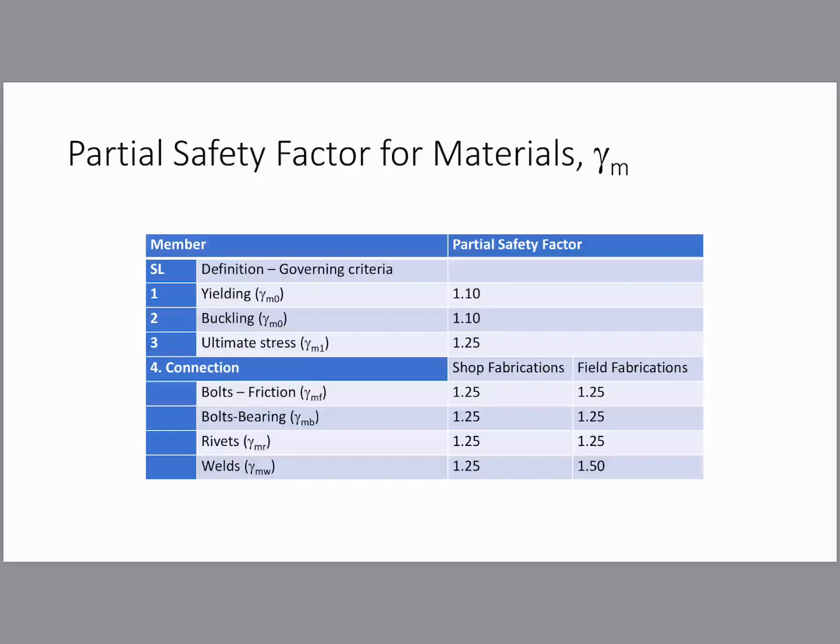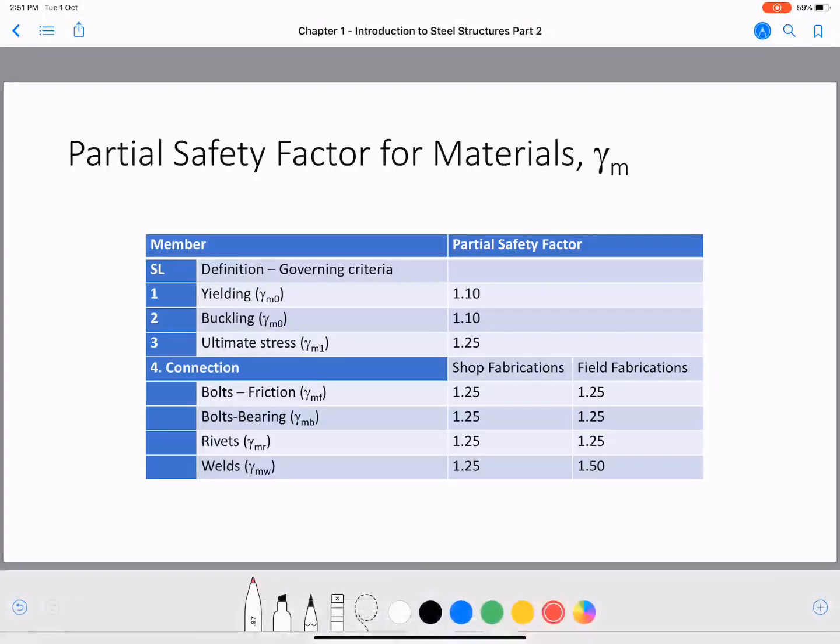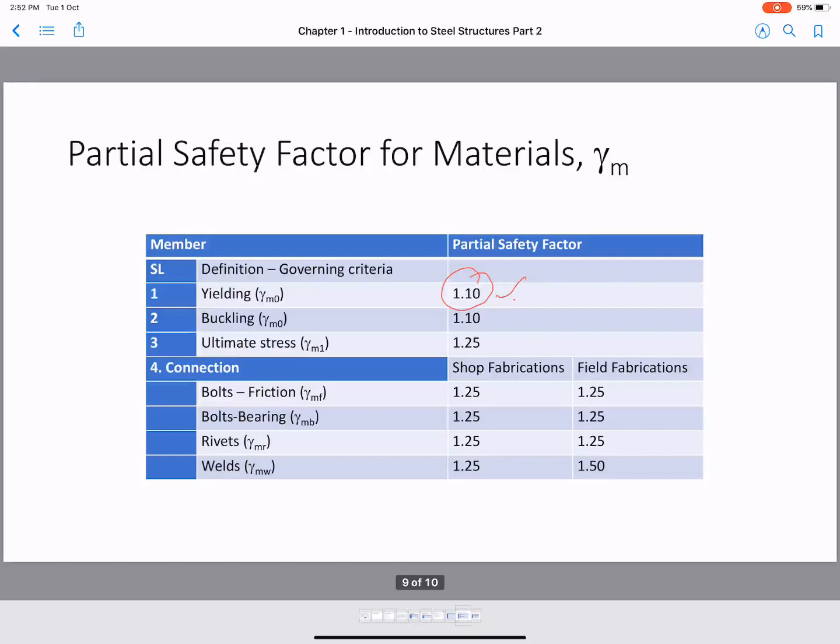So we divide the yield stress by a particular safety factor, for example 1.10. Even when the material is not reaching the yield strength, it is still safe to use for the design because we have already reduced the strength by 10%. If any members, like slender members, do not reach the yield point, this safety factor will save the design. That's why we use safety factors for the design of materials.